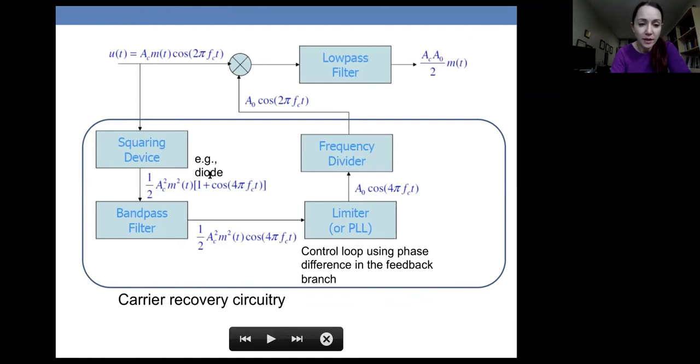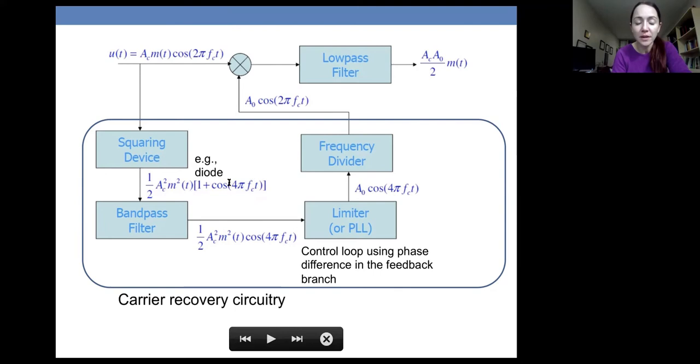Sorry, I shouldn't have said DC. In this case, essentially, we have the square of the message plus the square of the message multiplied by cosine, and the message itself, if it had DC, we would have DC here at the output. Never mind.